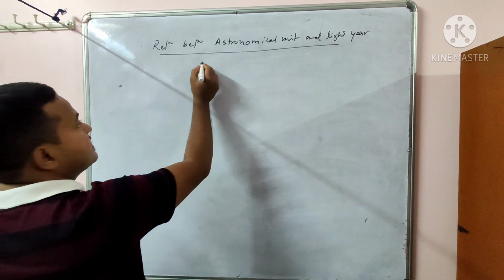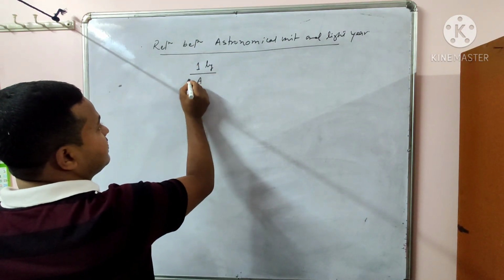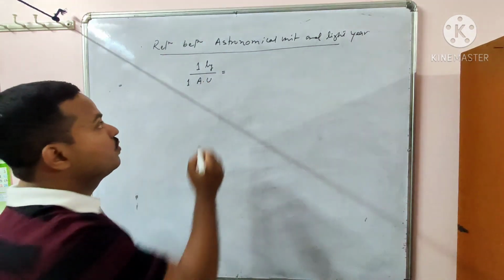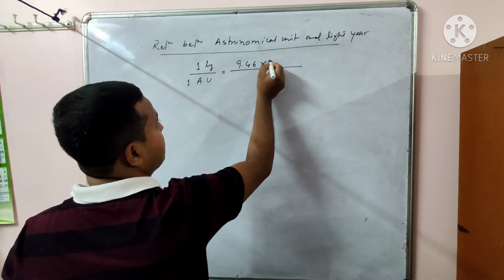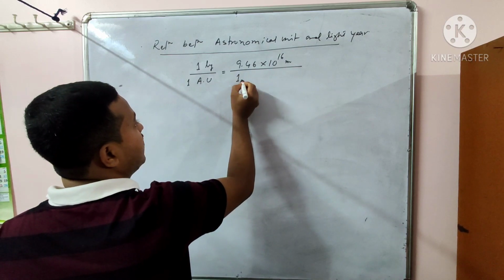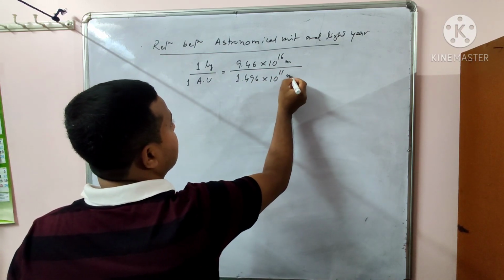So what we do is just divide light year by astronomical unit. 1 light year is 9.46 × 10^16 meter, and 1 AU is 1.496 × 10^11 meter.